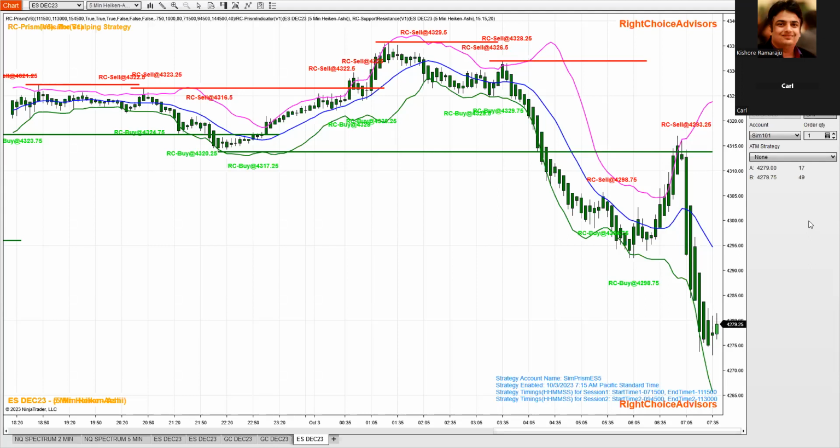Buy bid is like you are negotiating. Sometimes you may get a cheaper price. Sometimes the order may not get filled if it is suddenly moving up very quickly. But if you do buy ask, then definitely the order will get filled. And when you sell also, you do sell ask.